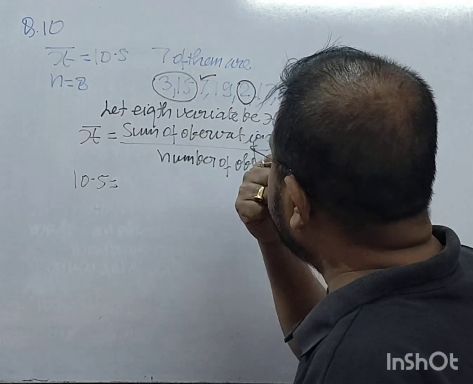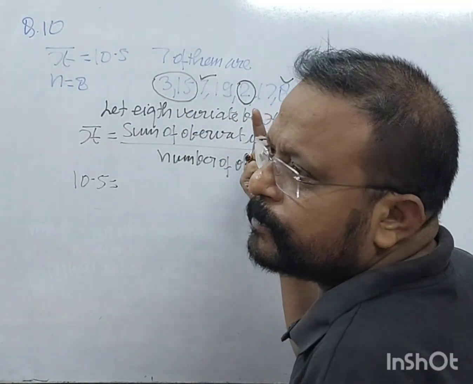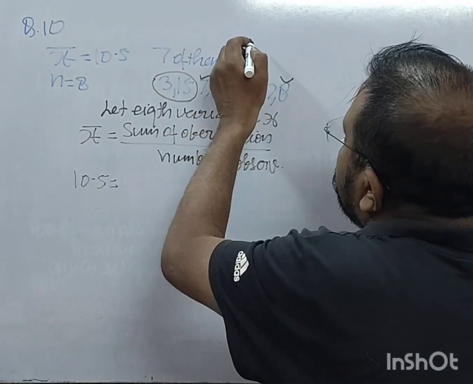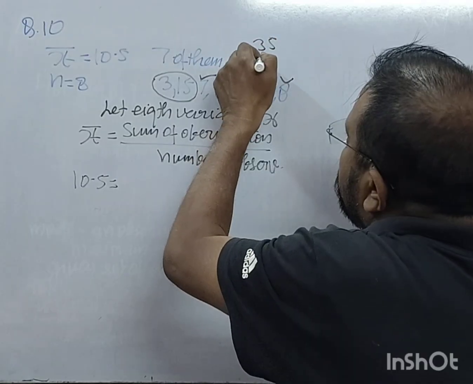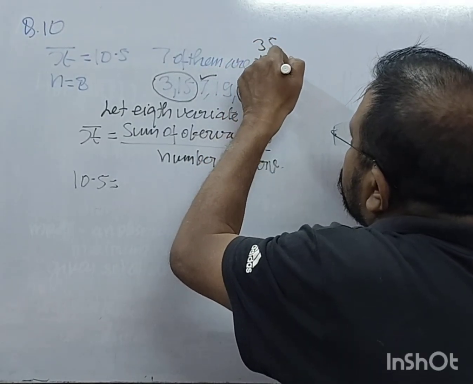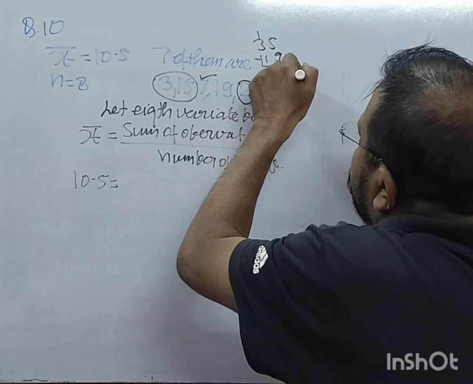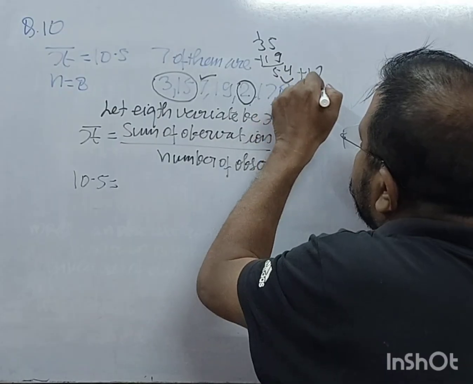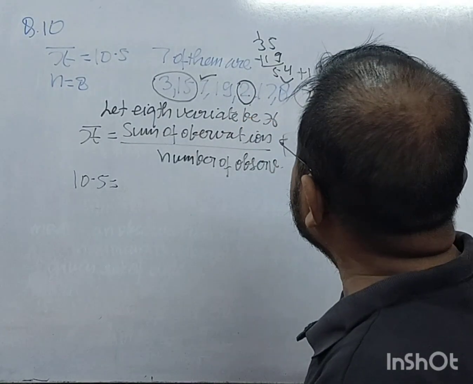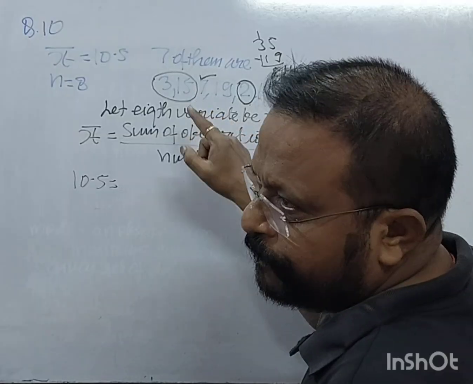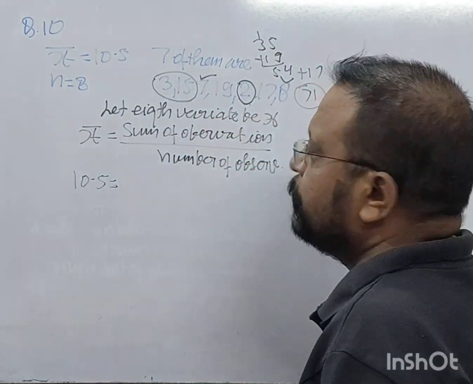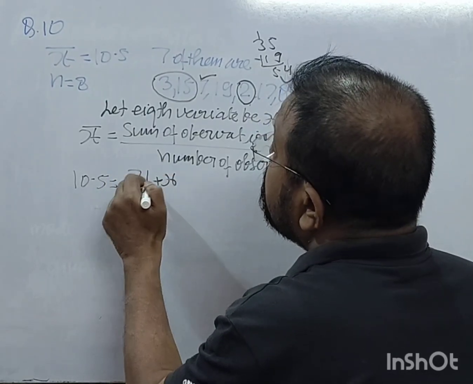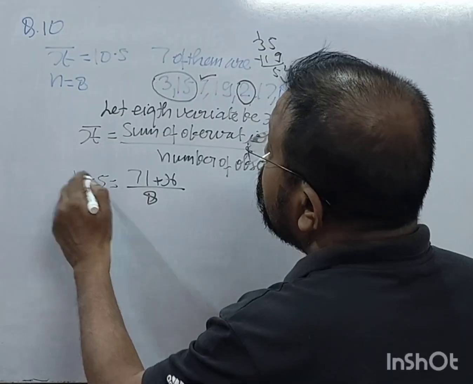So 20 plus 15 becomes 35, plus 19 is 54, plus 17 is 71. सर 8 भी है ना लास्ट में। वो ऑलरेडी एडेड ना, 7 plus 8 तो 15 हुआ ना, ठीक है ना? तो it is 71. सो ये हो गया 71 प्लस x अपॉन 8.